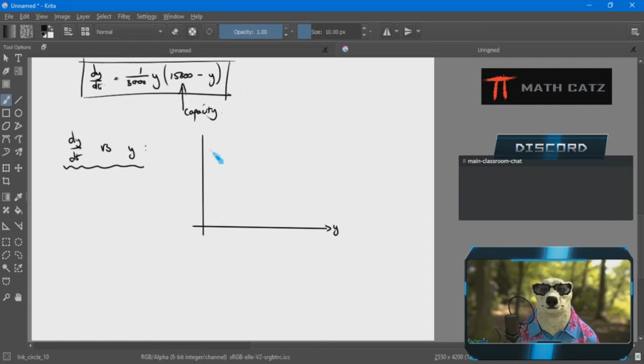It's going to be y on the horizontal axis, dy/dt on the vertical axis. And that's just a parabola with horizontal axis intercepts 0. Let me draw a parabola. This one is much wider and flatter than this, but who cares? Just visualizing it. Over here is 15,000.